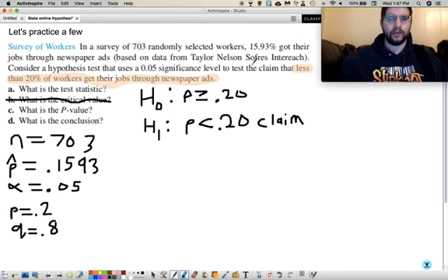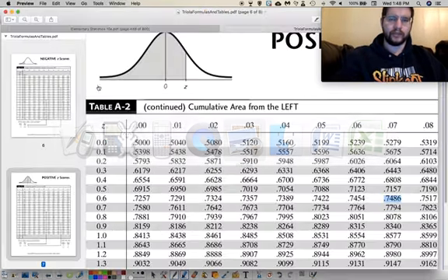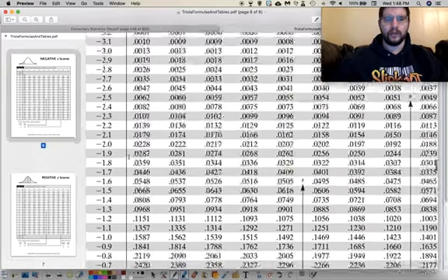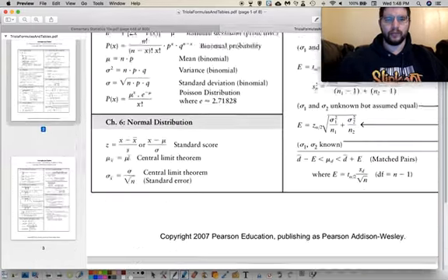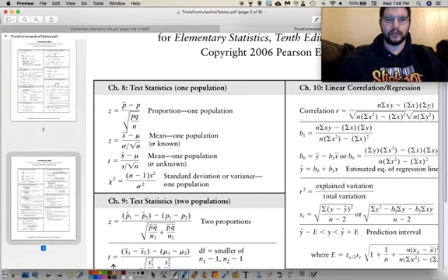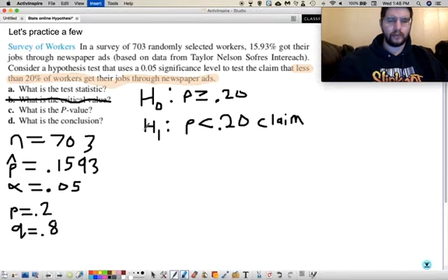All right, now we have enough info. We're going to calculate our test statistic like it tells us to. If you don't remember, look on your formula sheet, second page, top left. There it is, test statistic. So the proportion is right there. That's what we need to use here.